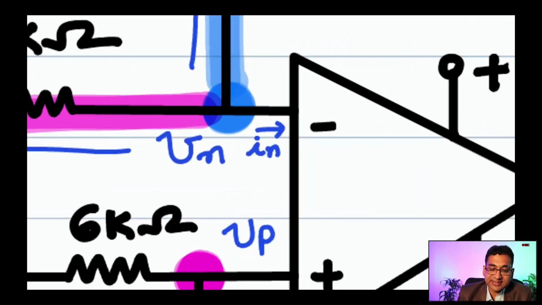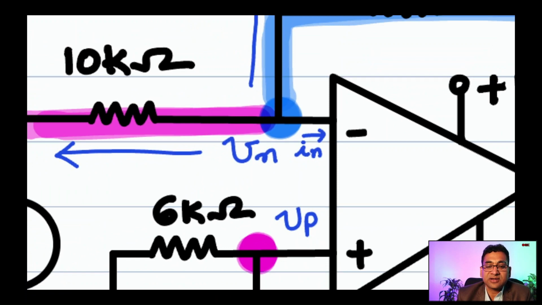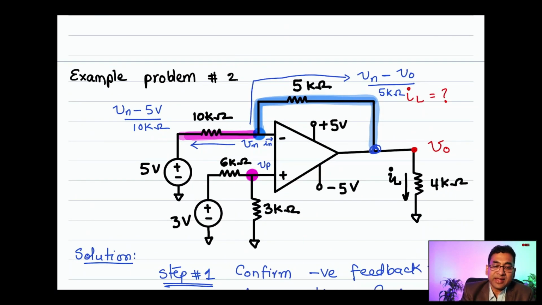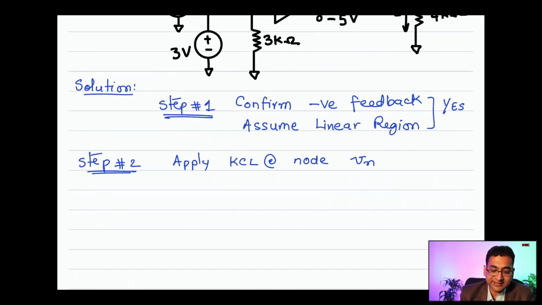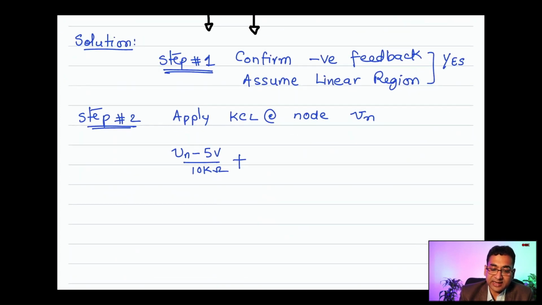And of course there is this other branch which is carrying a current of IN. Let's sum all of those. I'm going to copy this, cut it, applying KCL, pasting it over there. Plus the current going in the feedback branch, this guy. Cut this and then paste it here.